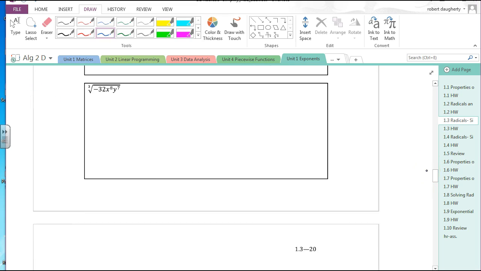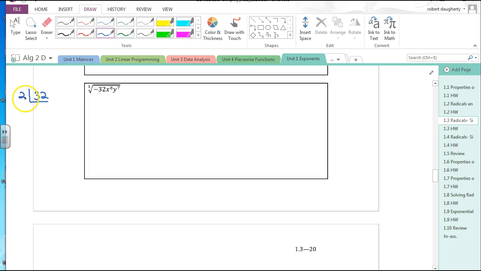Let's do this guy. Cube root of minus 32, x to the 8th, y to the 7th. Because of a cube root, I want everything under the radical to be organized as a perfect cube. If I look at 32, that's an even number.